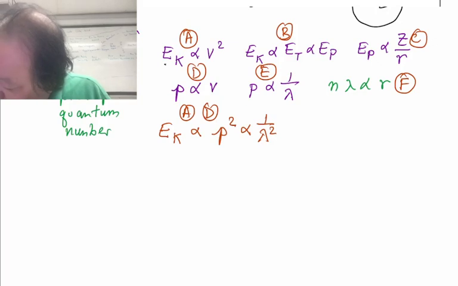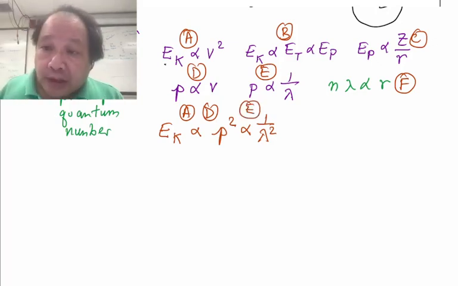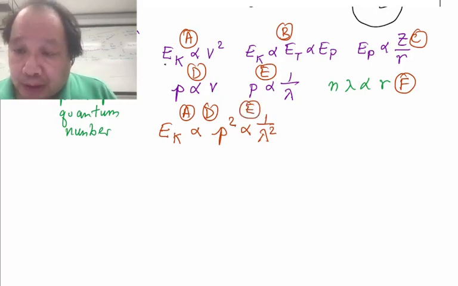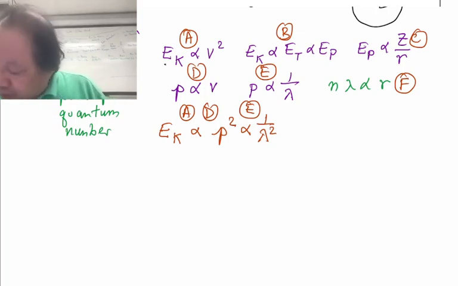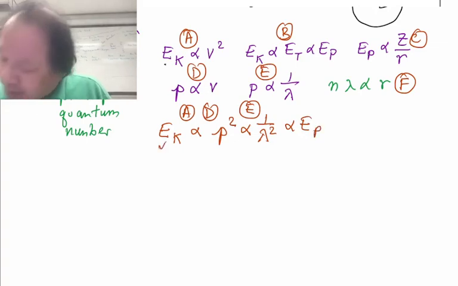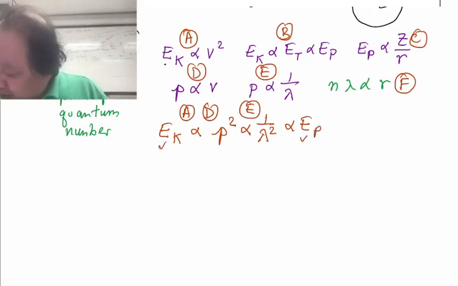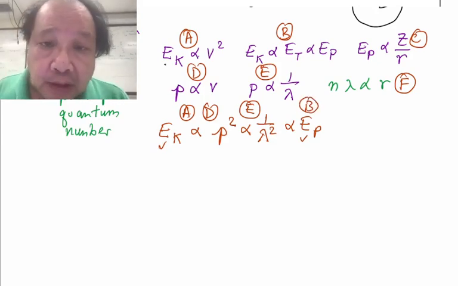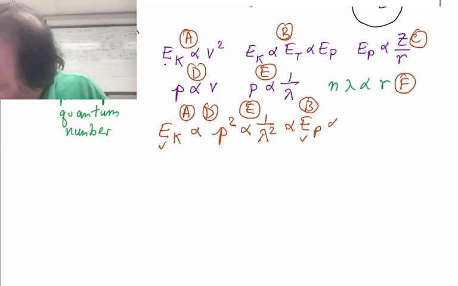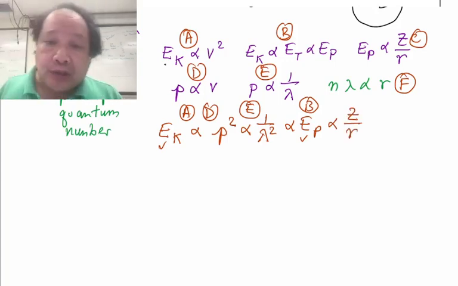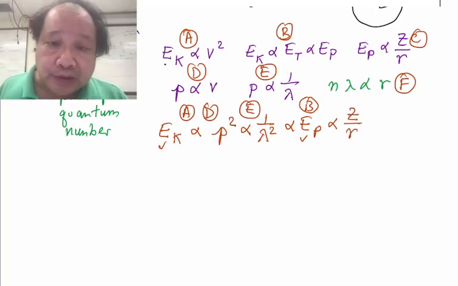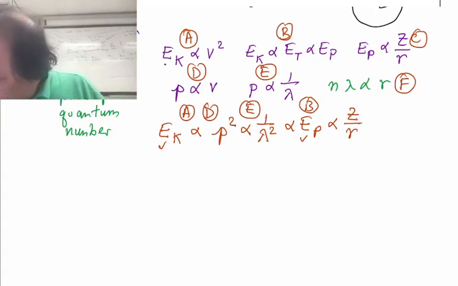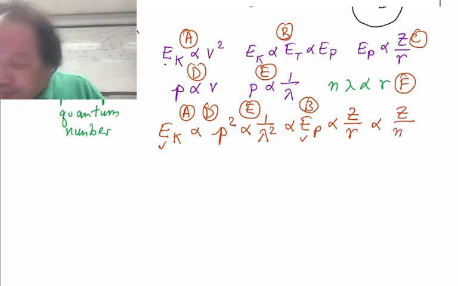That's by E. Let's now look at relationship B. EK is proportional to EP. So there's EK over here, and it's proportional to EP. That's by relationship B. And EP by relationship C is proportional to Z over R. And now he could use his new relationship F. R is proportional to N over lambda.